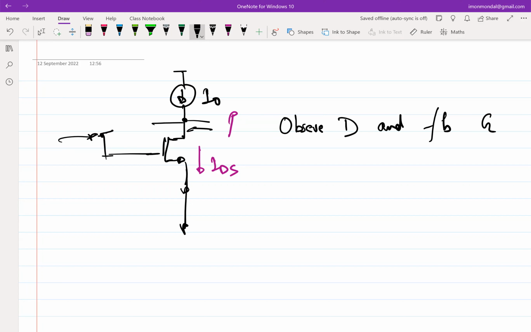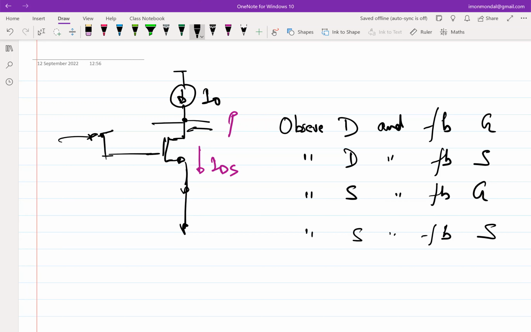Okay. So now I have options of observing the drain and applying a feedback at source also, in principle. Similarly, I can observe at source and apply feedback at gate. Or I can observe at source and apply feedback at source itself, because source is both controlling and control terminal. Right?